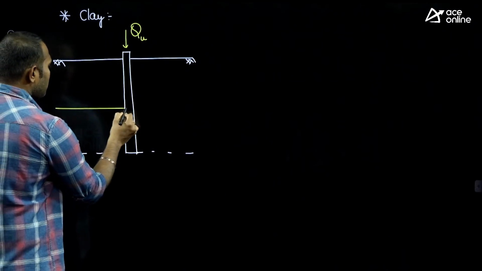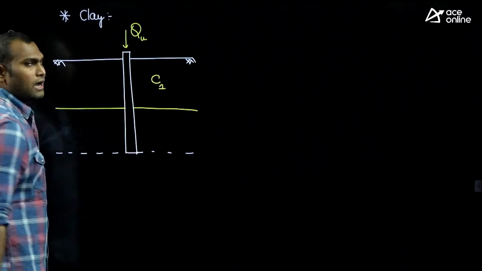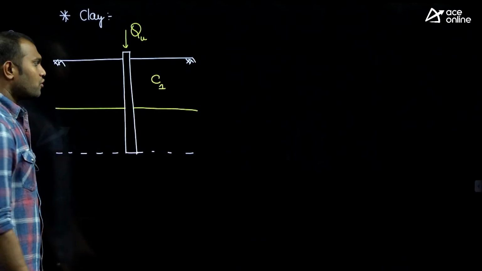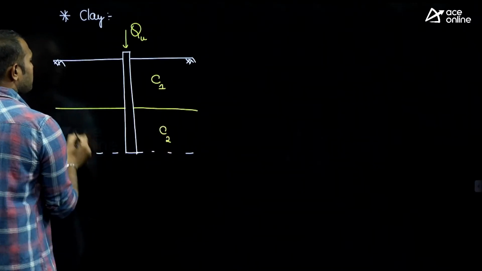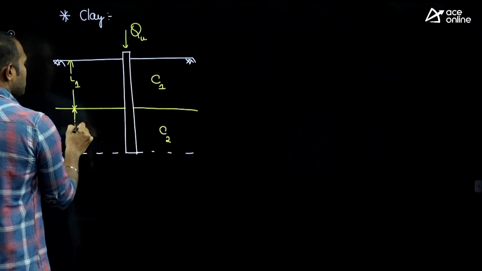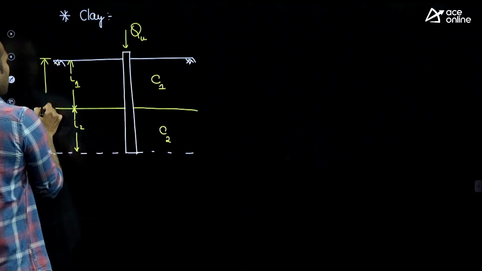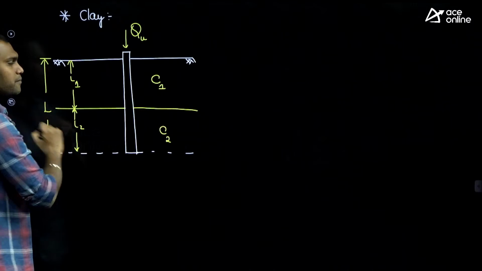Suppose I take a layered deposit like this, where the undrained shear strength or cohesion above is C1 and here it is C2. Let's take this length as L1 and this as L2, the portion of the pile that has been embedded. Let's take the total length as L.